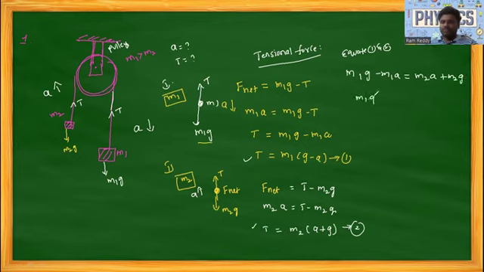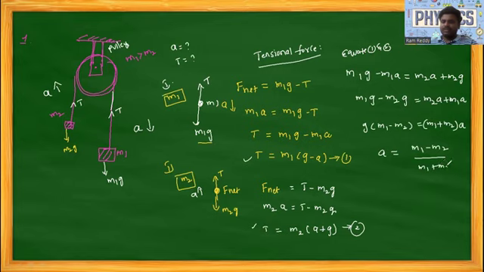So M1G minus M2G is equal to M2A plus M1A. Taking G common, G times (M1 minus M2) is equal to (M1 plus M2) times A. Then A is equal to (M1 minus M2) divided by (M1 plus M2), times G.